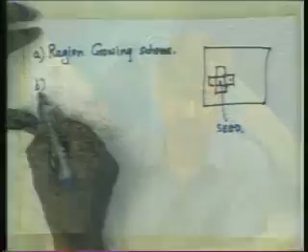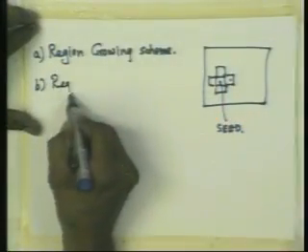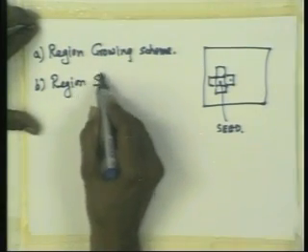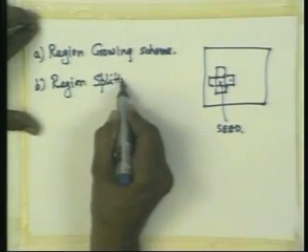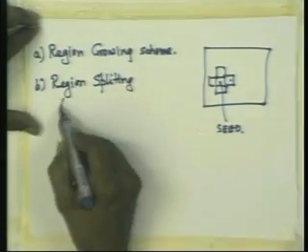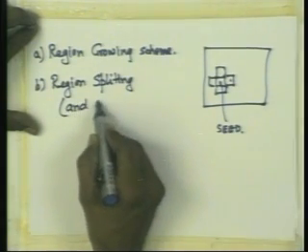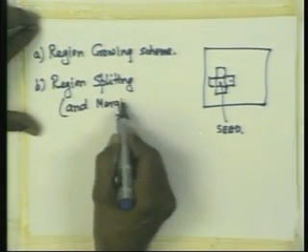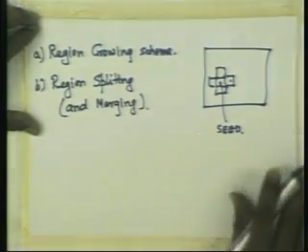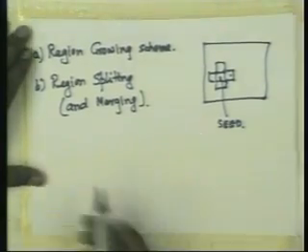Another alternate scheme is what is called region splitting and merging. The basic idea here, let me illustrate by taking an example.